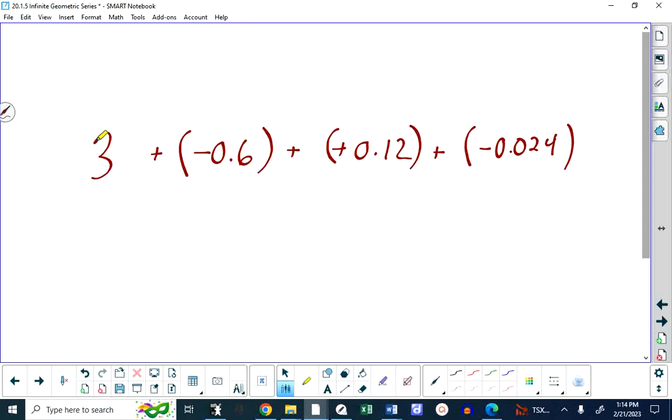Okay. Before we get to the calculator, I want you to notice that we're starting at 3, and we're going to add a negative number, and the sum is going to be less than 3. And then we're going to add a positive number, and it's going to go up. And then we're going to add a negative, and it's going to go down. So it's going to be wobbling. It's not going to be going up or down.